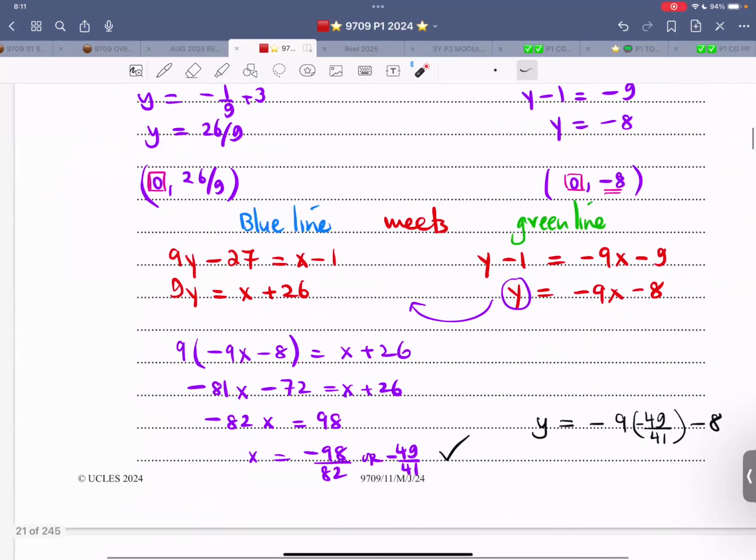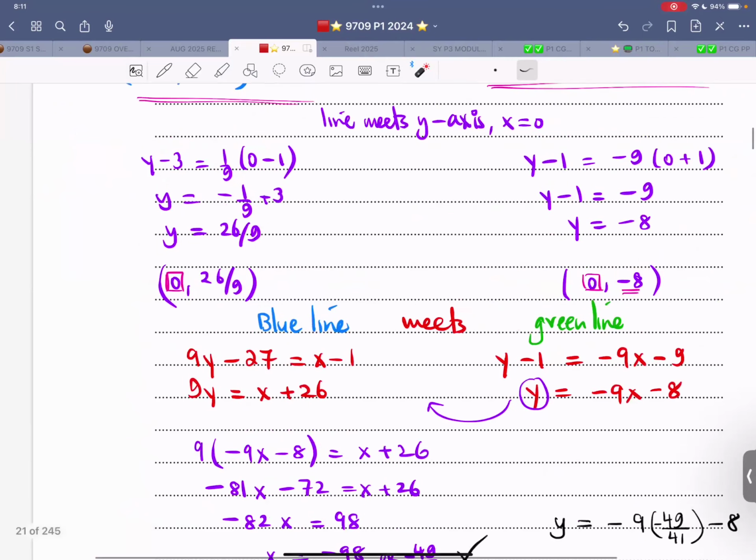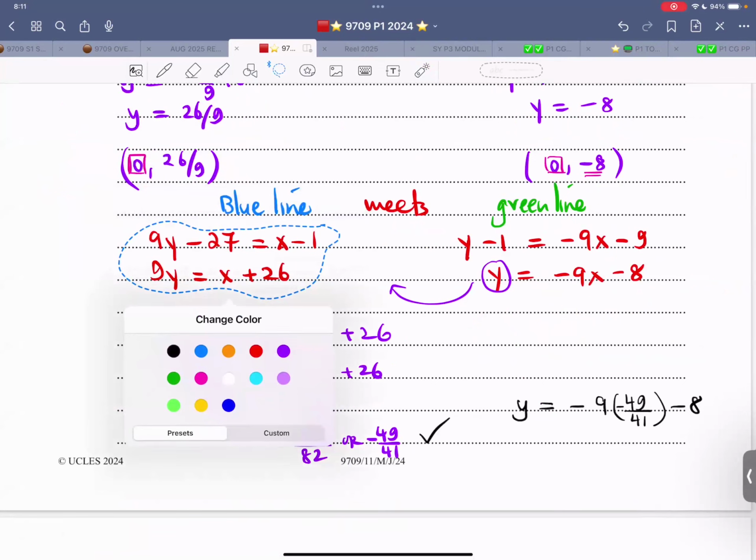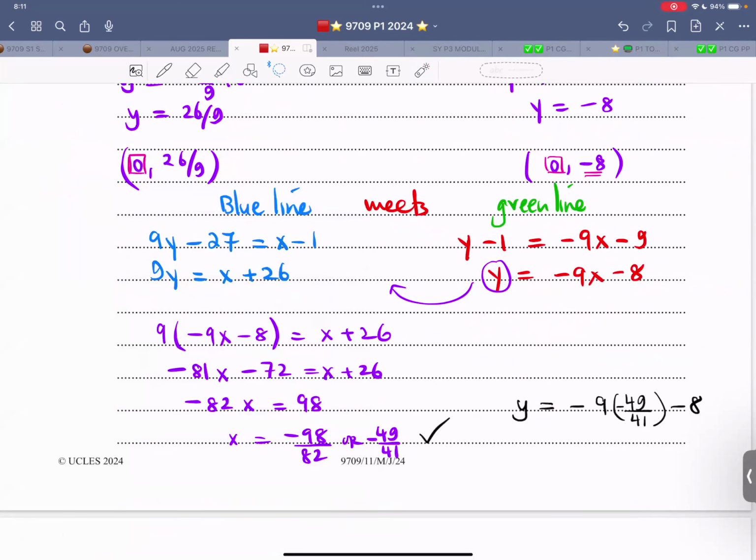Blue line meets the green line. That is the expanded form of the blue line. That is the expanded form of the green line. So hold for a second. Let me just focus on the green line. So the blue line is this thing. Let me change the color to blue. The green line is like this.